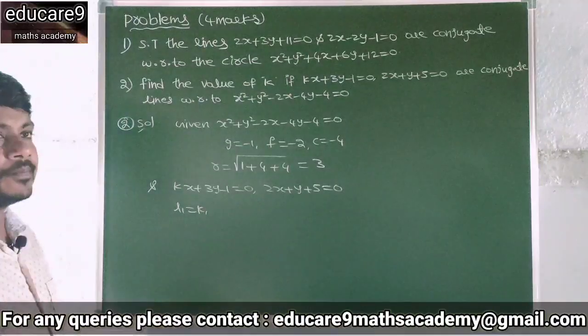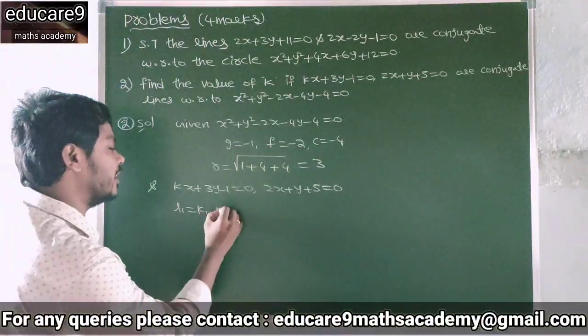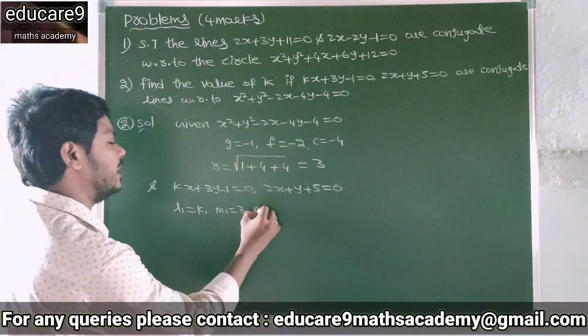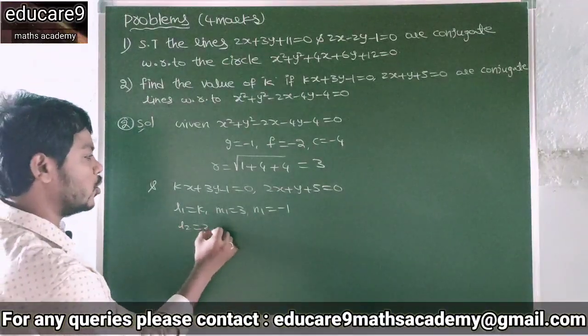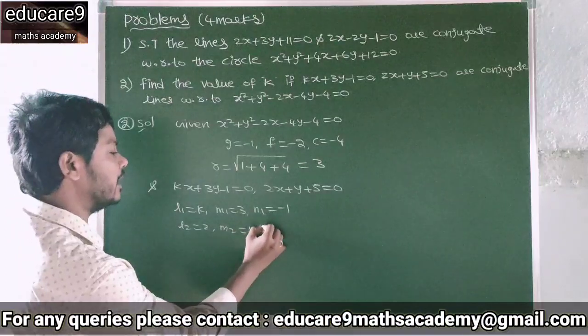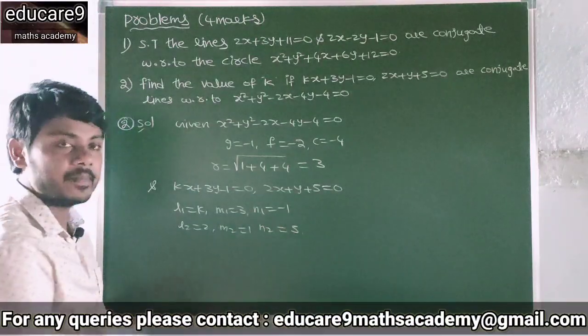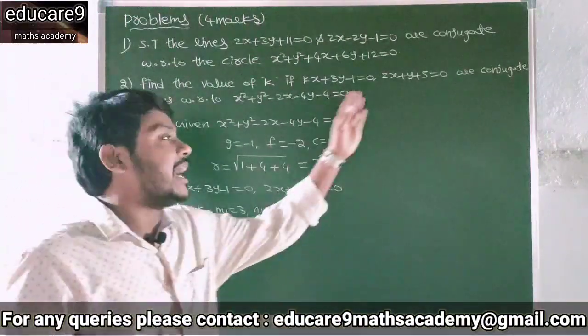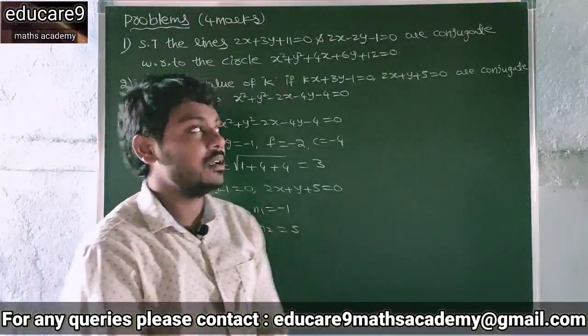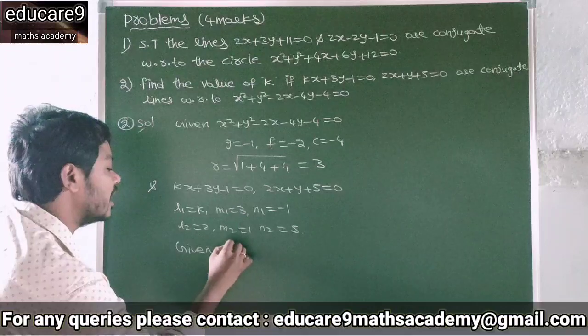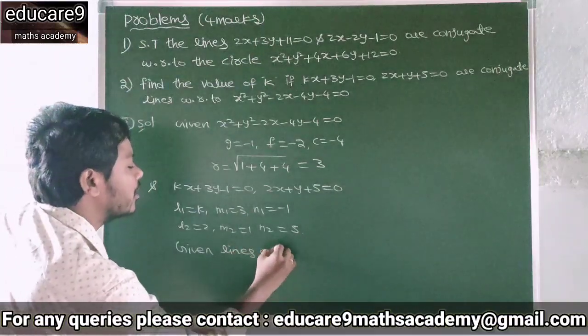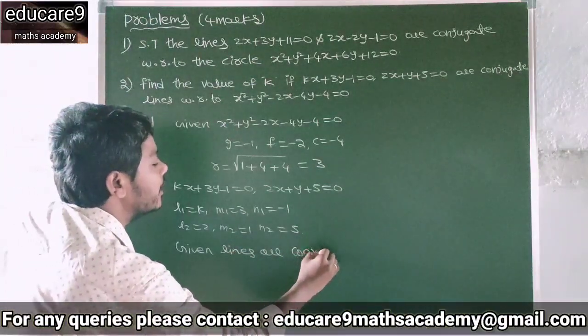L1 is k and M1 is 3 and N1 is minus 1 and L2 is 2, M2 is 1, N2 is 5. So given that the lines are conjugate.